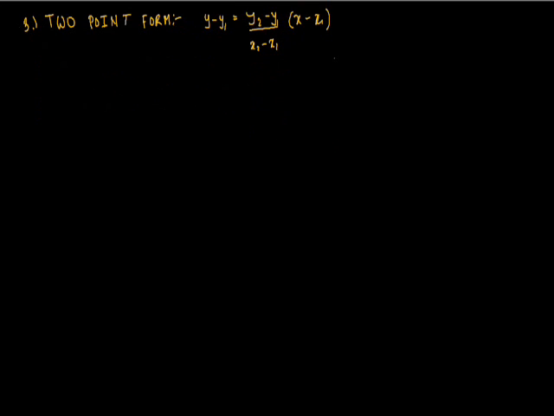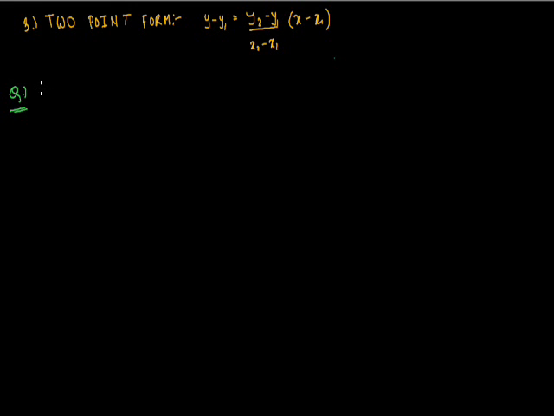So the first problem: we need to find the equation of the line which cuts off an intercept of 5 units on negative y-axis and makes an angle of 120 degrees with positive direction of x-axis.